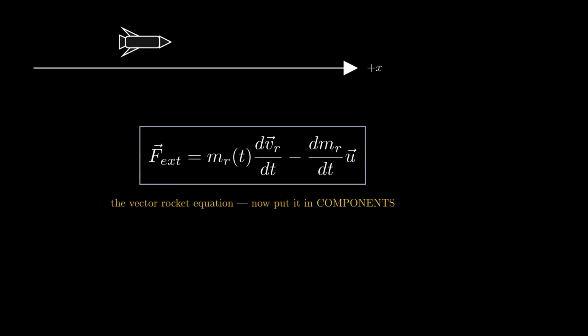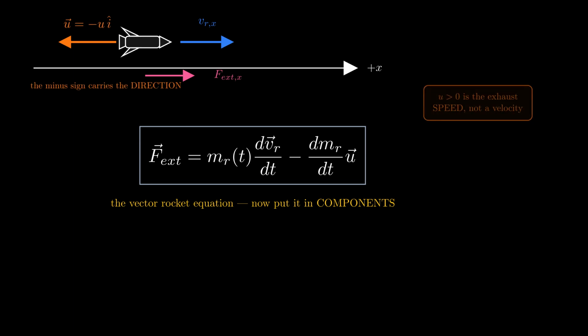Now put the equation in components, because that is where the signs teach. Let the rocket move along the positive x direction. With external force F_x along x, the exhaust goes backward, so the exhaust velocity as a vector is minus u in the x direction, the symbol u now standing for the exhaust speed, a positive number.